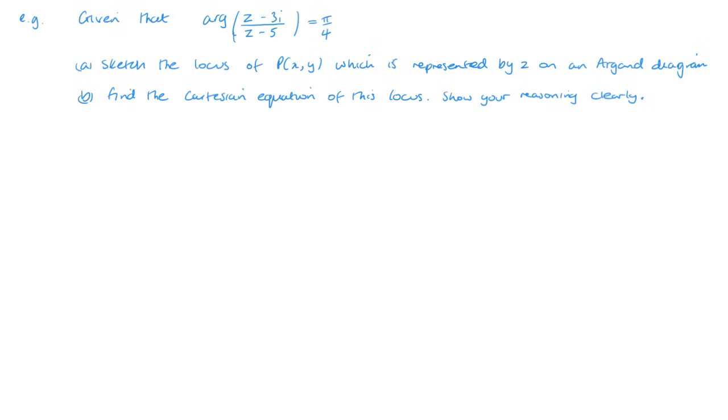So here we have our example: arg((z - 3i)/(z - 5)) = pi by 4. So we've got to sketch this.